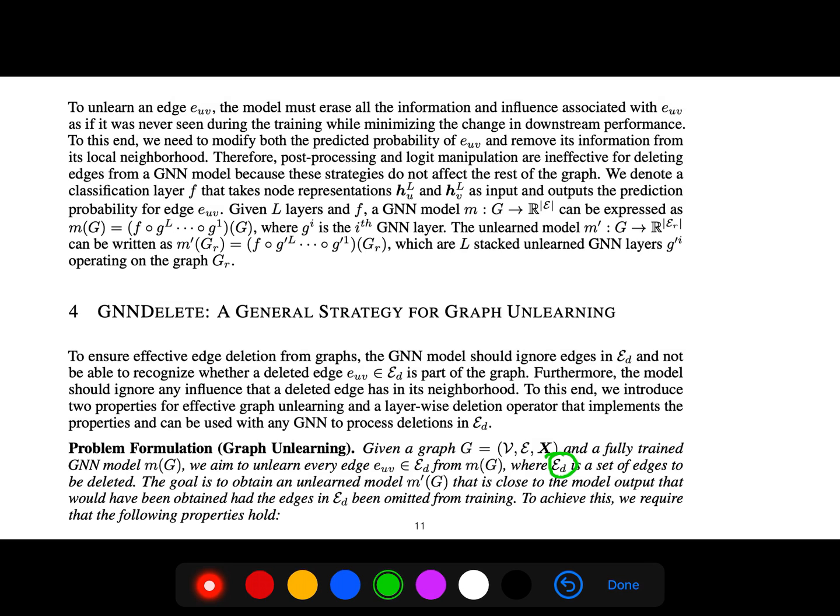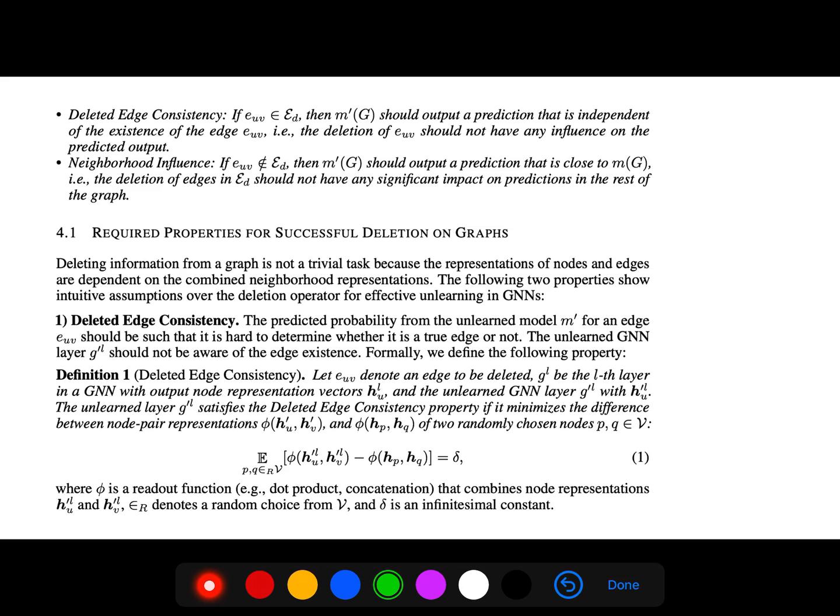So we require these properties: deleted edge consistency and neighborhood influence. For example, in deleted edge consistency, if e is an edge to be deleted, then M prime should output a prediction that is independent of the existence of that edge. So deletion of an edge should not have any influence on the predicted output.